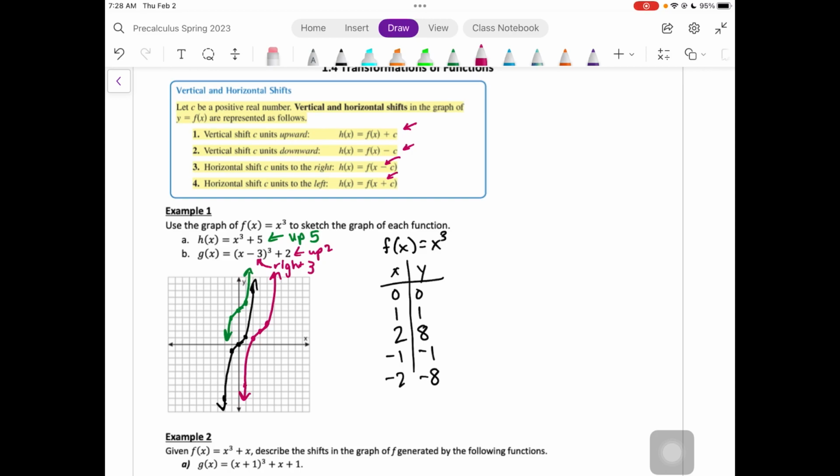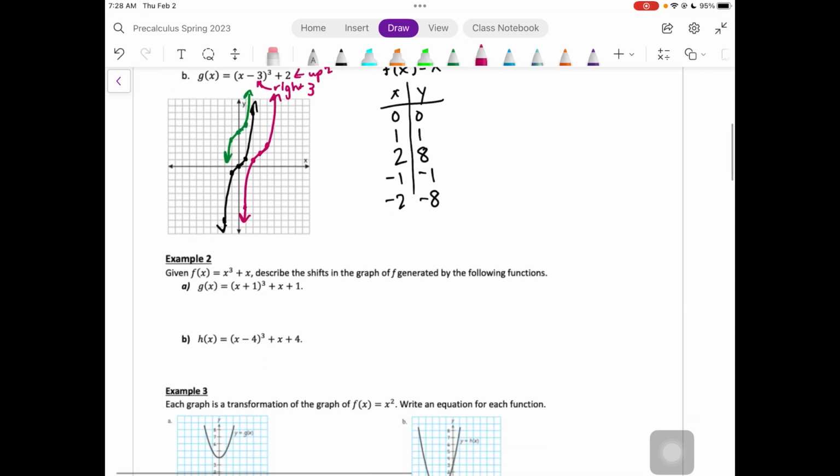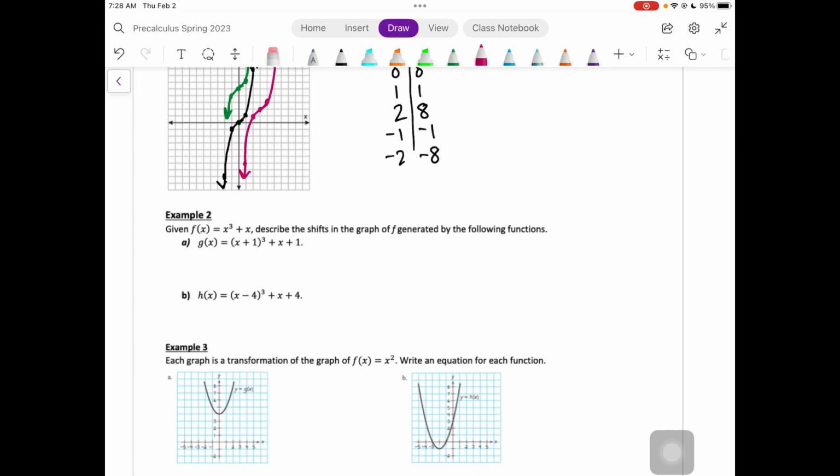All right, so number 2, we're going to take a look at just describing some shifts in the graph. For A, we have x plus 1. Well, our original function is f of x equals x cubed plus x. So we're looking at, okay, how is this changing? If we look inside our parentheses here, we have x plus 1, and then we have x.